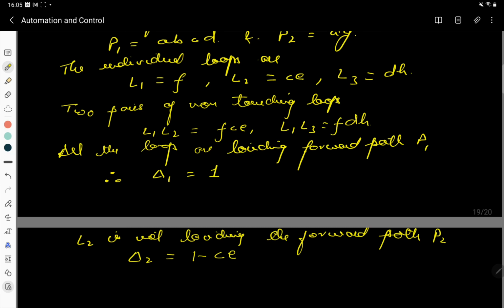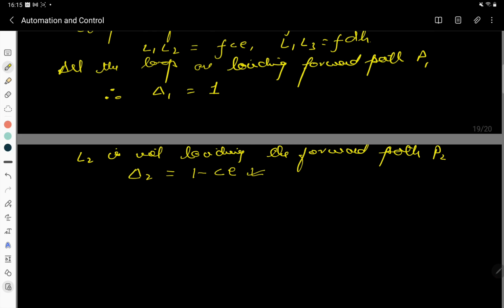Delta 1 and delta 2 we considered in the last example as 1 and 1. Here delta 2 is considered as 1 minus CE because the CE loop is not touching the second forward path. So the graph determinant delta is given by 1 minus the sum of individual loops, L1 plus L2 plus L3, plus the sum of products of two non-touching loops.